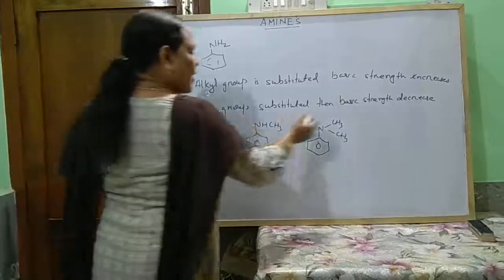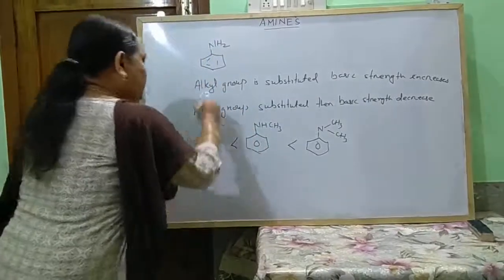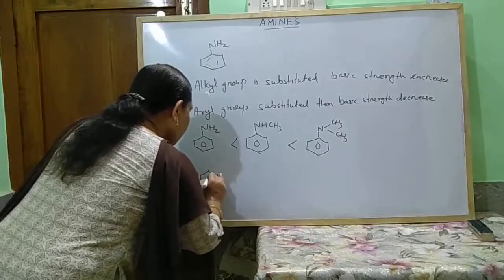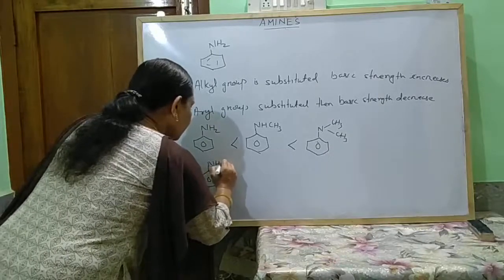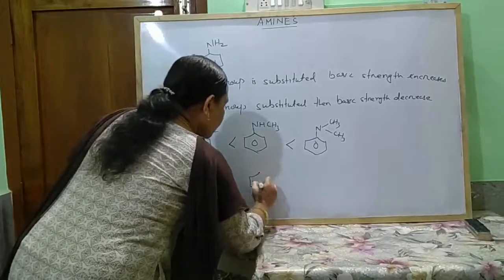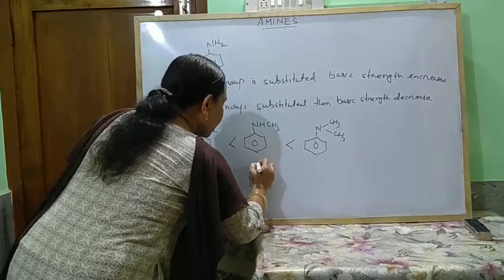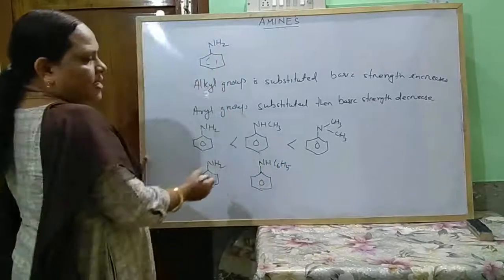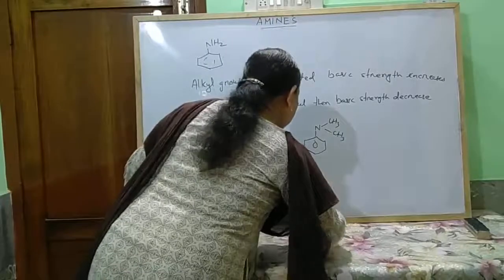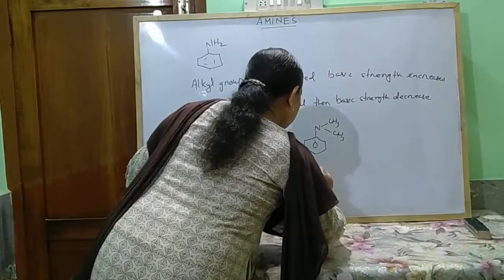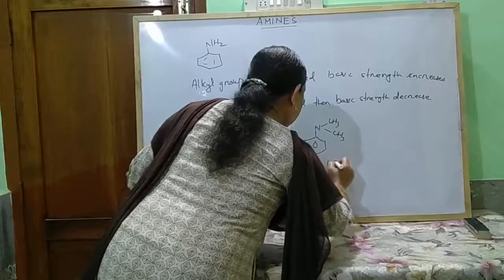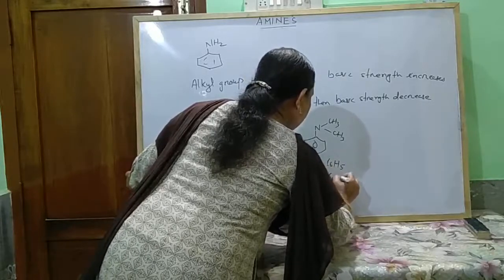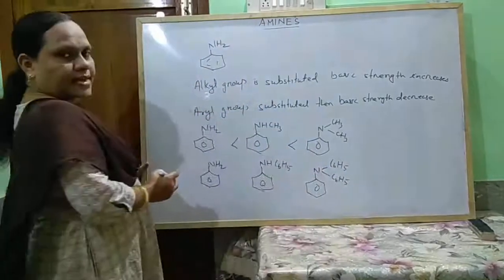Similarly, if an aryl group is substituted, suppose a phenyl group is substituted, this is the NH2 group, only aniline, then NH C6H5, N-phenyl aniline, and N,N-diphenyl aniline.